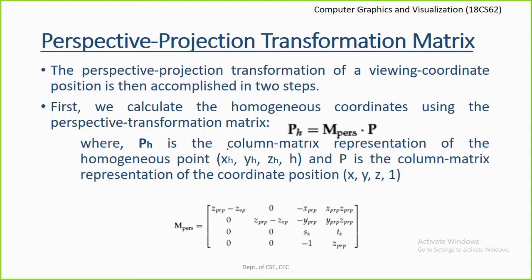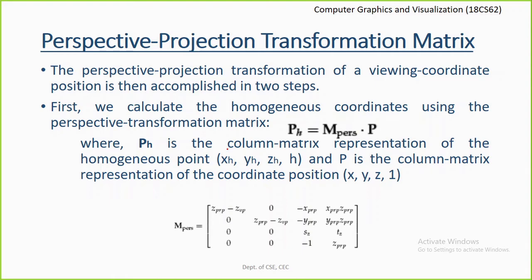Now, the perspective projection transformation of a viewing coordinate position is accomplished in two steps. If you remember the three-dimensional viewing pipeline, from the modeling coordinates we converted to the world coordinates, and from the world coordinates we transformed to the viewing coordinates.